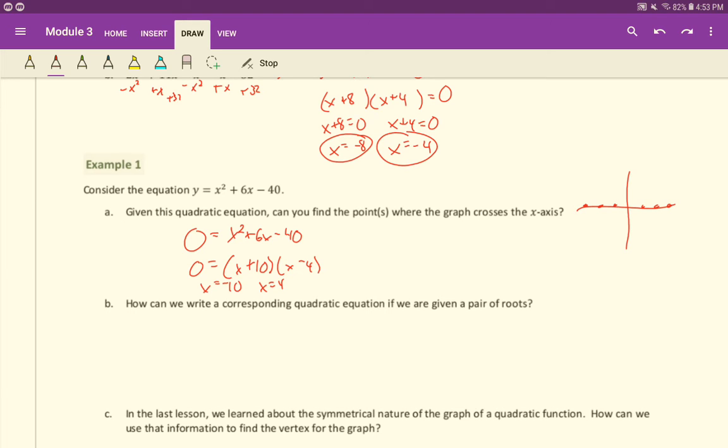Okay. How can we write a corresponding quadratic equation if we are given a pair of roots? Well, if we know the roots, if we know the zeros, in other words, or the x-intercepts, we can rewrite factors that yield the given roots as solutions.